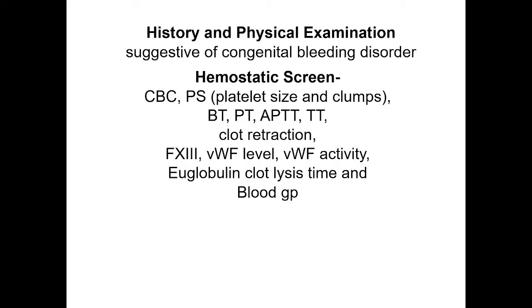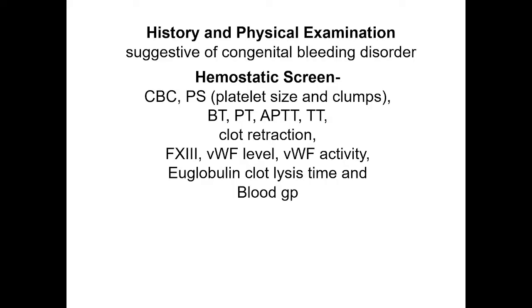So it may be the sign of spurious thrombocytopenia, and platelets are functioning, that's why they have made the clumps. And if platelet size is more, then it suggests that there is more production of the platelet inside the bone marrow.